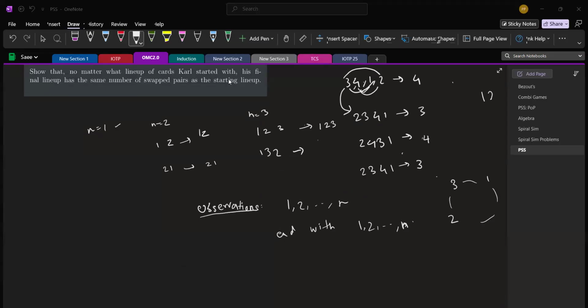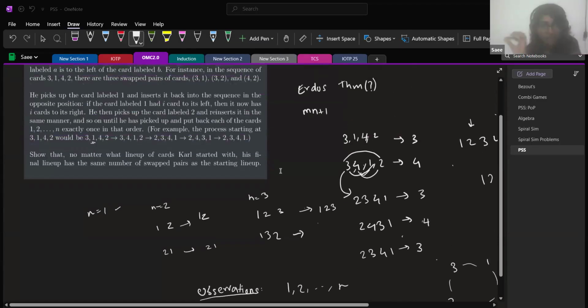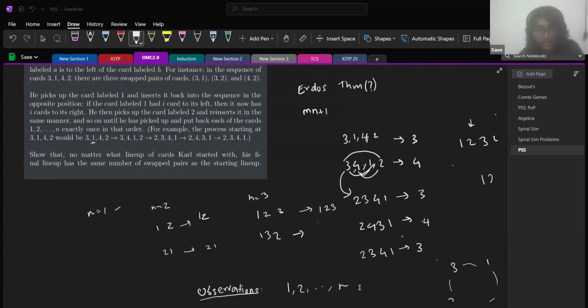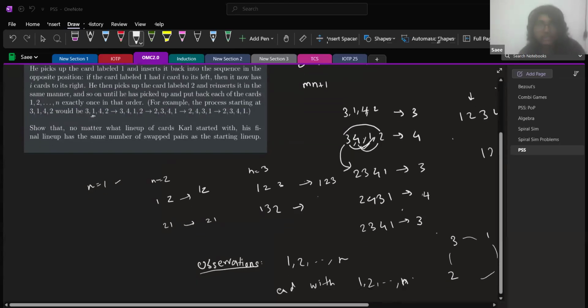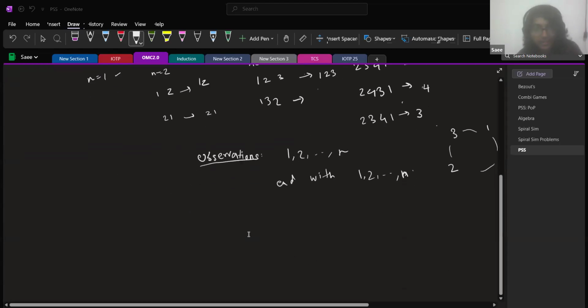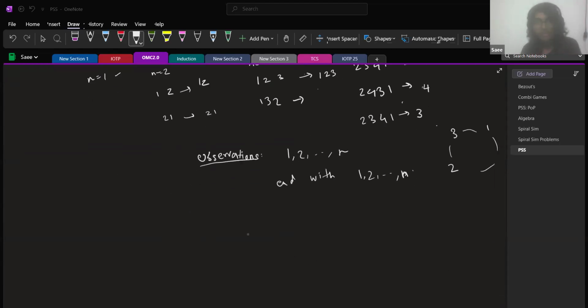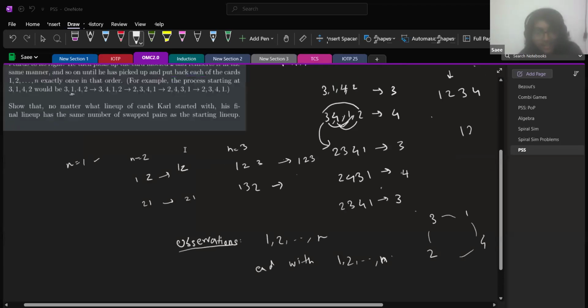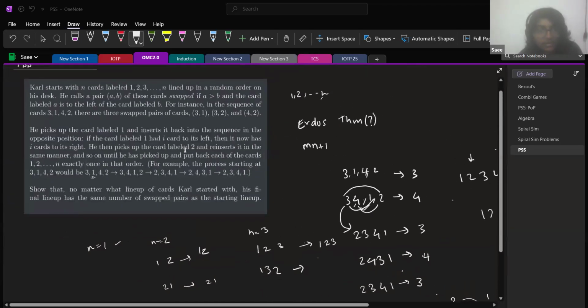No, what's happening is you have to flip every single number from 1 to n. You start off by flipping 1, then you flip 2, then you flip 3. So it all cyclically rotates and gets back to 1 to n at the end. So when you start with 1 to n, you end with 1 to n, so obviously the inversion count is going to be the same for distance. Is that fair? Yes, that's fair.